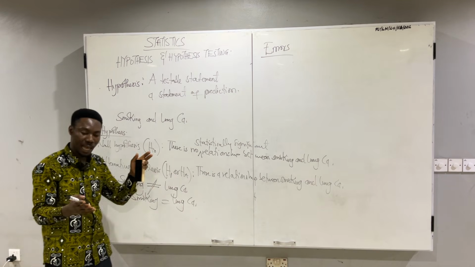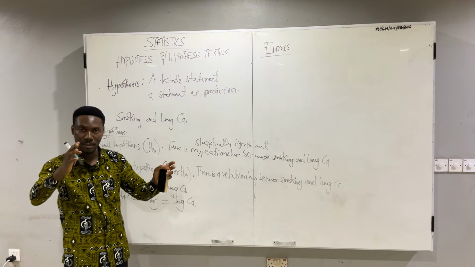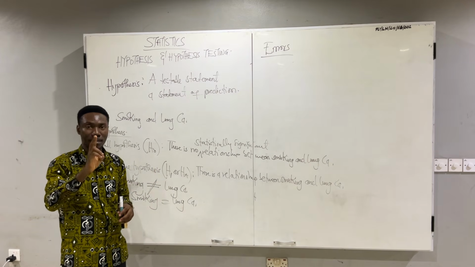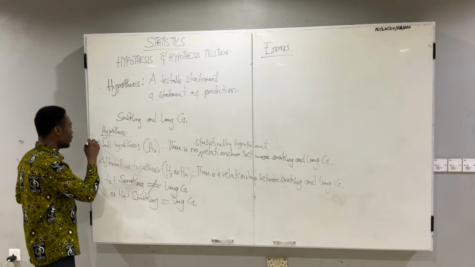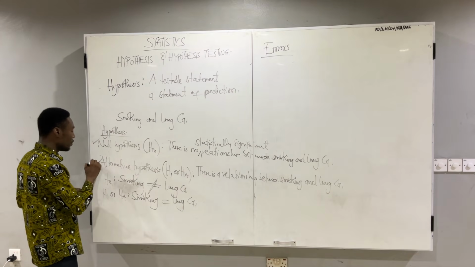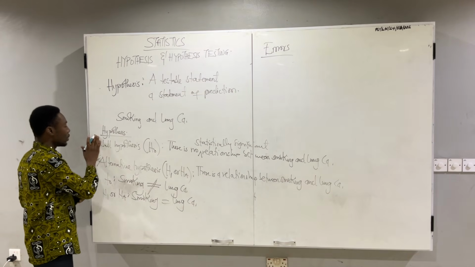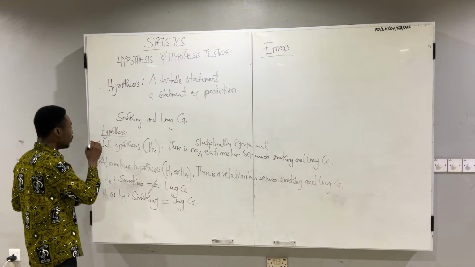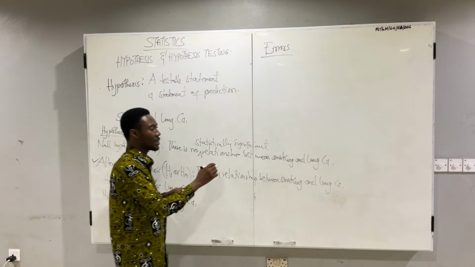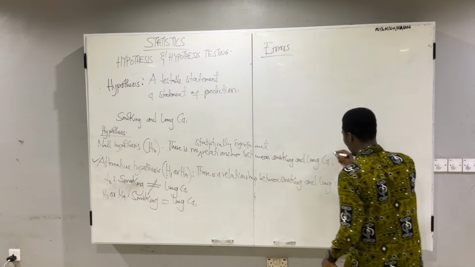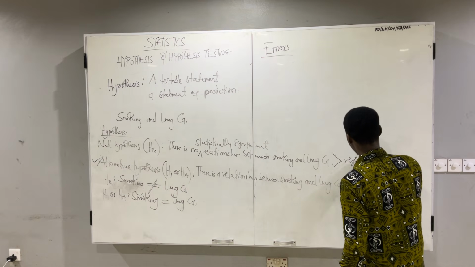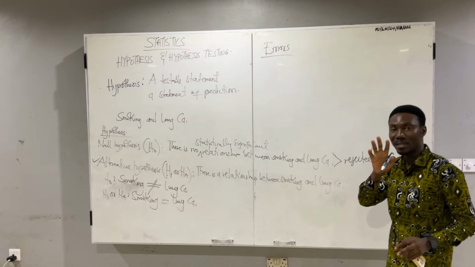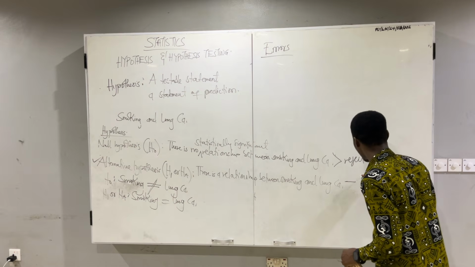So what it means is that if you are to make a choice, there are two options. You can either go in for this or you go in for the alternative. Now, if you tell us that you've rejected the null hypothesis, there are two chances. What it means is you've accepted this one.